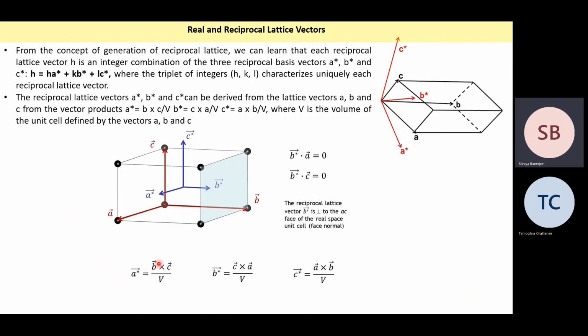If you take a cross product of B and C in the original crystal lattice and divide it by the volume of the unit cell, you will get the vector A star of the reciprocal lattice. So from the diffraction pattern, you will derive the reciprocal lattice, and from the reciprocal lattice, using these equations, you can find the real lattice vectors A, B, and C and reconstruct the real lattice.